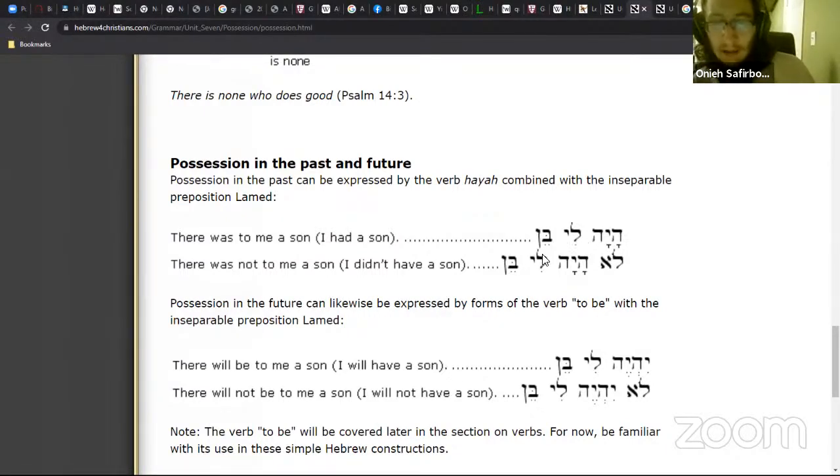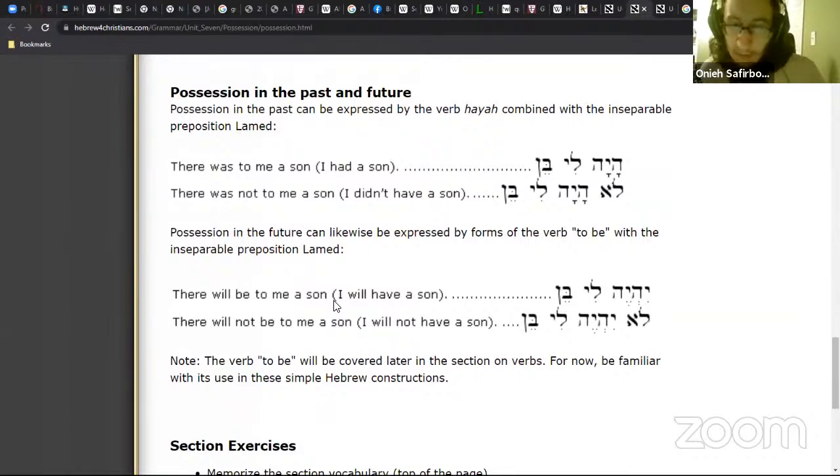Exists to me, son. Does not exist to me, a son, or did not exist, existed for me, a son, and did not exist for me, a son. And it says you can also use it for the future.